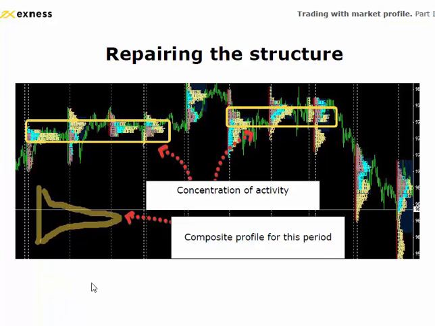The composite profile is a profile combining not just one day, but it can combine 4 to 5 days or 10 days or more. It is going to be very elongated and aligned to a limited number of levels on the vertical scale. It is going to look like that, very, very narrow.